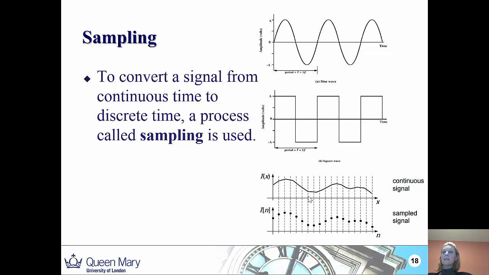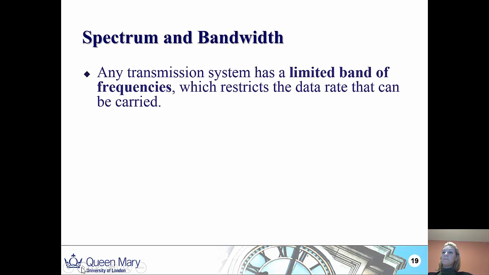We do this using the sampling, which we saw in week 3, and then the quantization, which we saw in an earlier set of slides this week as well. So we sample that signal and we want to digitize it in order that it may be communicated within the constraints of the physical channel which is available to us.